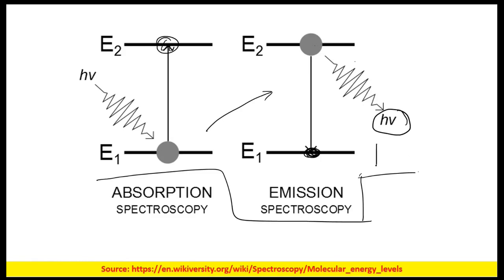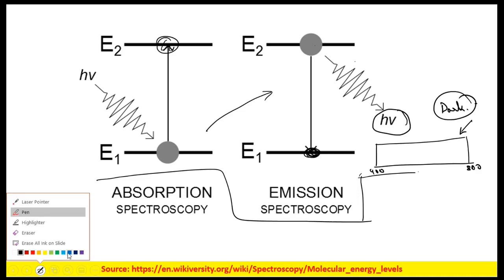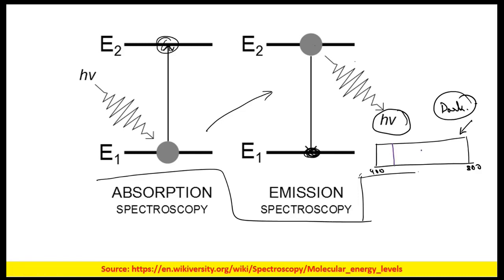And since there is no radiation source as such which is illuminating the detector, again 400 to 800, I am taking the example, this platform is dark.